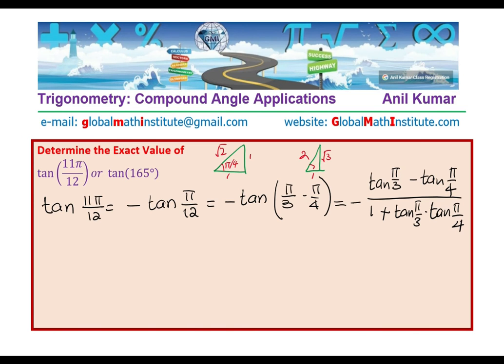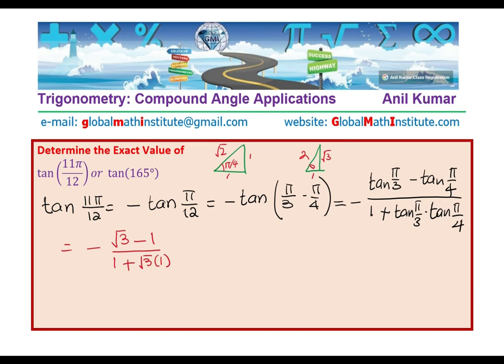Pi by 3 is this angle, pi by 3. Correct. So let's substitute these values now. So we get equal to minus tan pi by 3 will be square root 3 over 1. So I could write this as square root 3. Minus tan pi by 4 is 1 over 1 plus tan pi by 3 is square root 3 times 1.